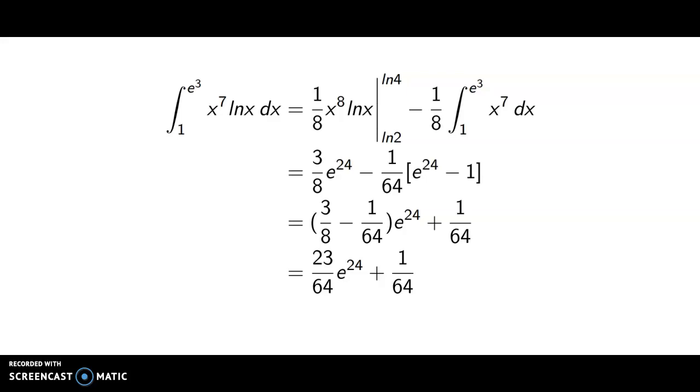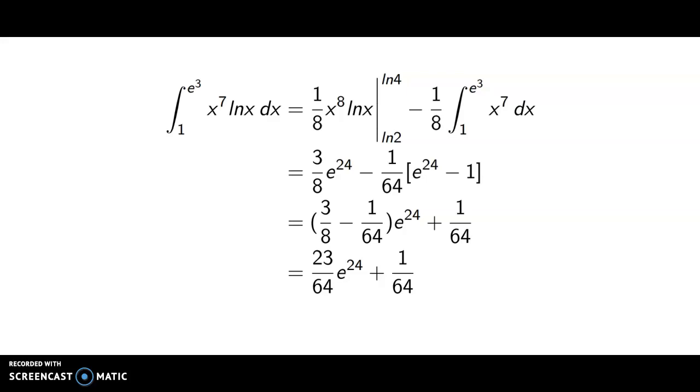In this case, I will choose u equal to ln x and v prime equal to x to the 7. And finally, we can get u prime equal to 1 over x and v equal to 1 over 8 times x to the 8.